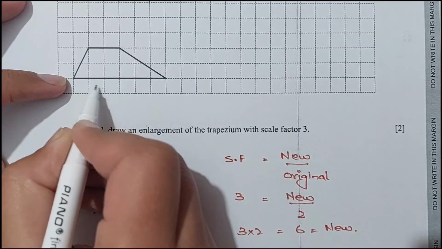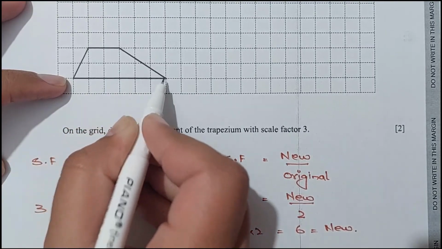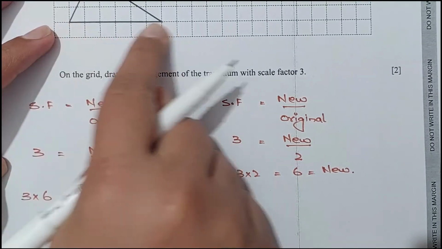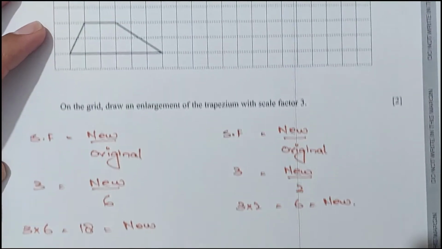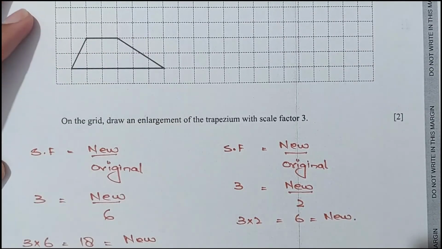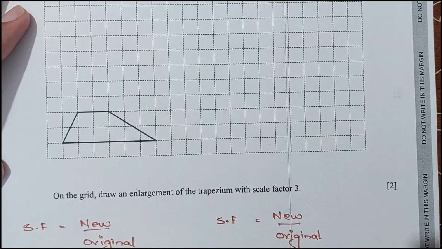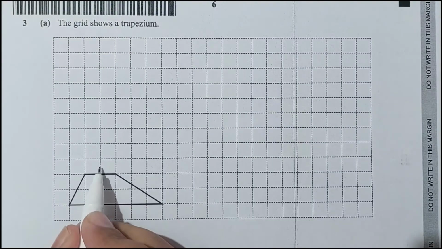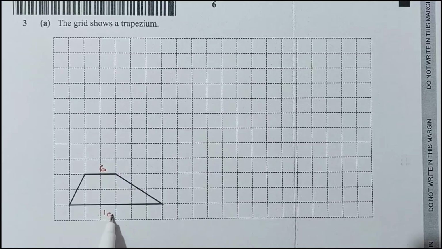The original is 1 unit, 2, 3, 4, 5, and 6 units. And 3 times 6 is 18. 18 is the new. So this new length would be 18, and the other new length would be 6. This top length would be 6 now, and this length would be 18.